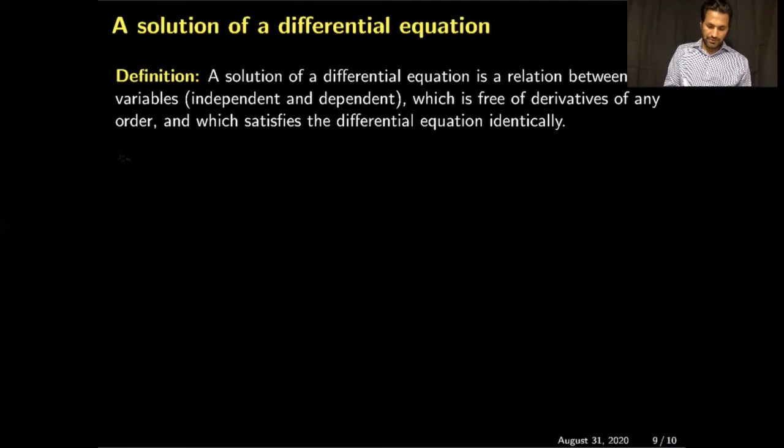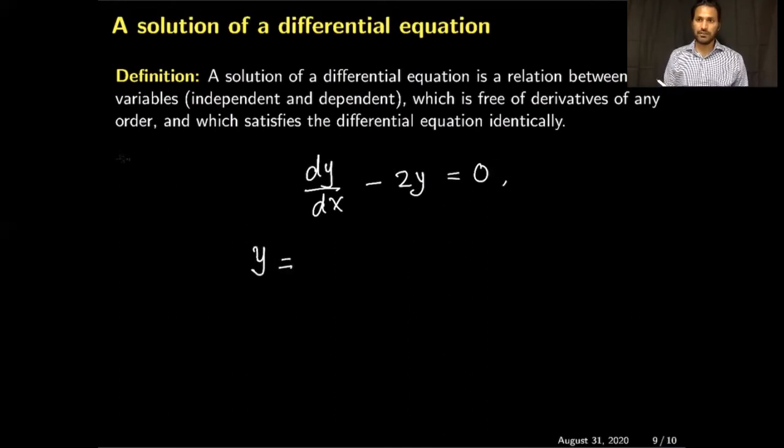One more example. If our differential equation is dy by dx minus 2y is equal to 0, and I can find a relation of my dependent variable y in terms of my independent variable which satisfies my differential equation, that function I will call the solution. Here I'm going to guess the solution.